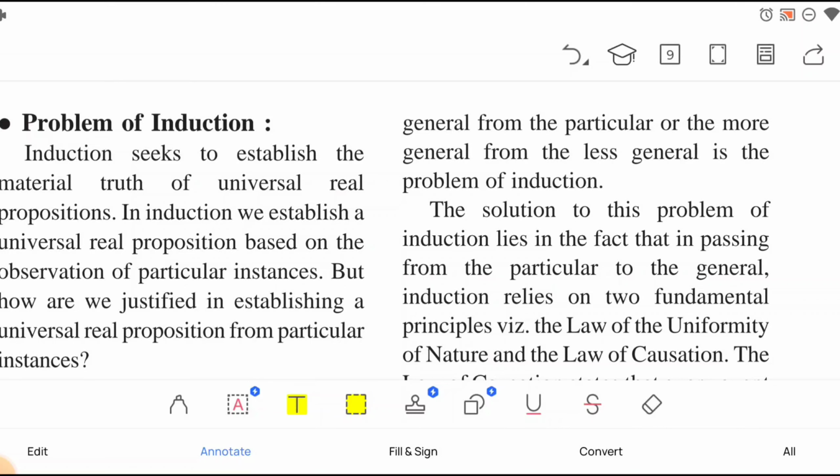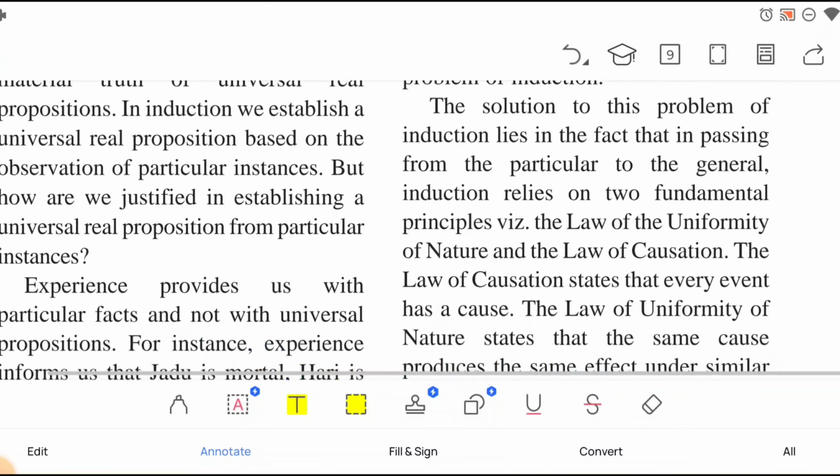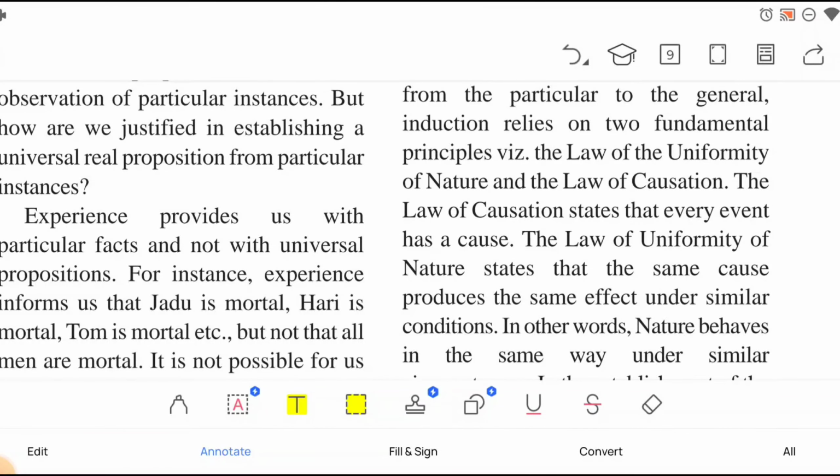So through these laws, even if we have limited observation, we can utilize these laws and get a conclusion which will be true, or a conclusion which has the highest probability of being true. So we will use these laws in cases where we have a lack of observation, or less observation, or fewer possibilities of observation.